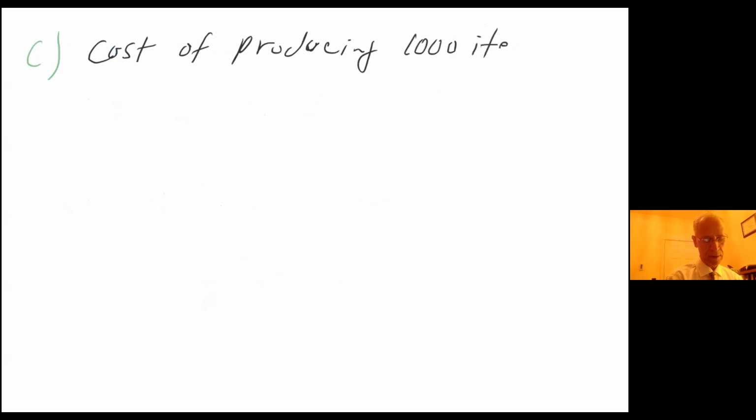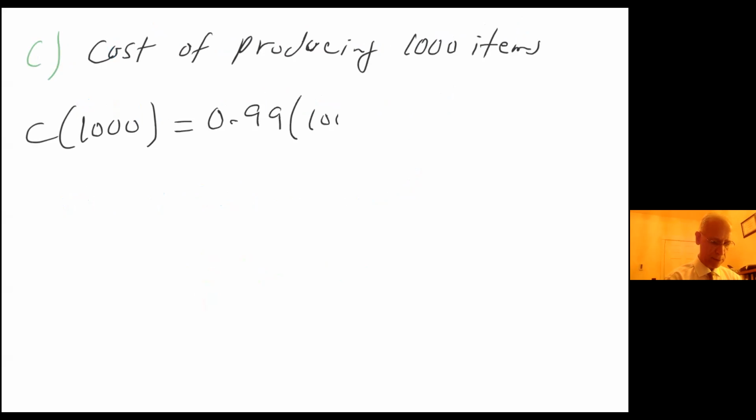Suppose you want to find part C, cost of producing 1,000 items. That's easy. I'll just plug in 1,000. So C of 1,000 equals 0.99 times 1,000 plus 54.6.